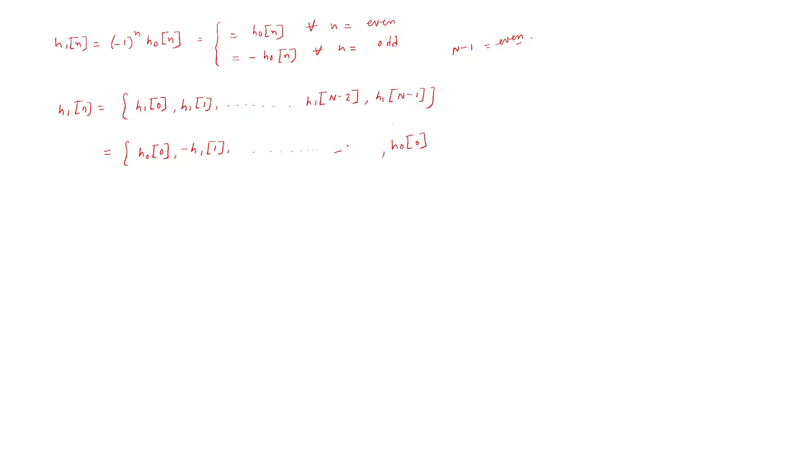The previous one, however, N-2 is odd, therefore its sign changes, it becomes -h0(1), like that.